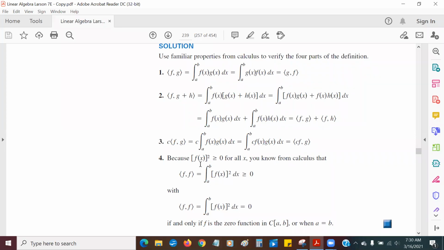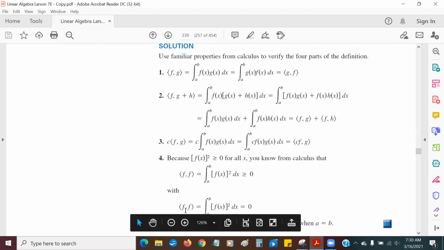Well, first of all, you're squaring something, which means it's greater than or equal to 0. If the function is greater than or equal to 0, then the area under the curve is going to be either positive or 0. I never have to worry about the curve dipping below. And the only time it's ever going to be equal to 0 is if f is just a flat line, if f of x equals 0.